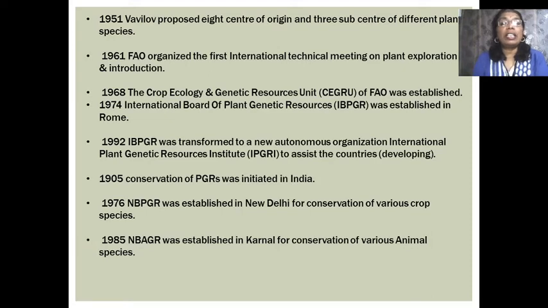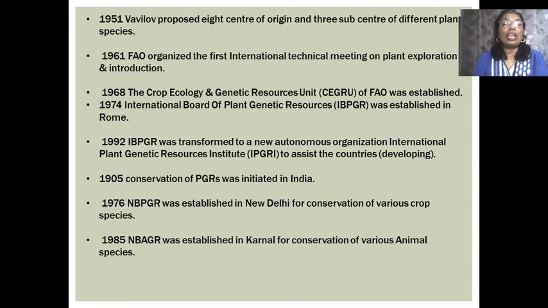In 1992, IBPGR was transferred to a new autonomous organization, the International Plant Genetic Resources Institute, IPGRI, to assist developing countries. While in 1905, conservation of PGRs was initiated in India.